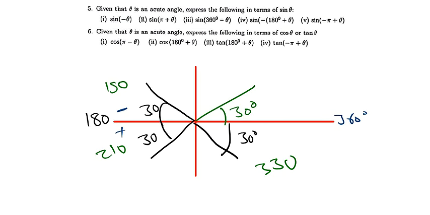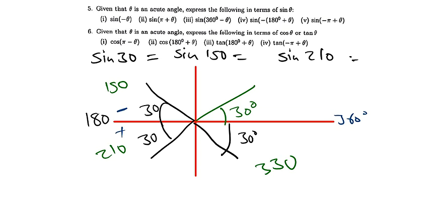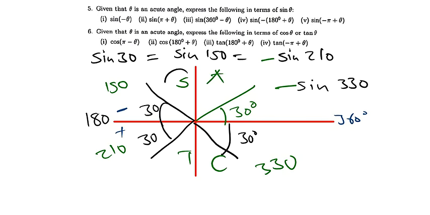And for sure, sine 30 is the same in magnitude as sine 150, sine 210, and sine 330, except the signs will be different in that sine is negative in the third and in the fourth quadrant. Remember, I've told you all students take calculus. So sine is positive in the second quadrant, tan in the third, cos in the fourth.